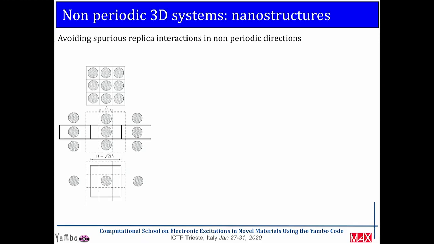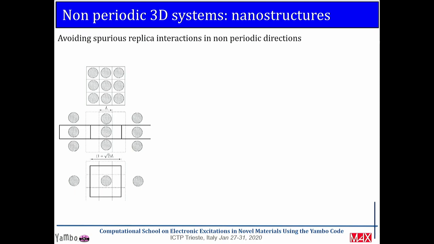So these systems are non-periodic in some of the directions. This is a plane wave code, so our representation of the systems is always replicated in space. We are always dealing with an array. And the GW calculation really feels the long range interaction.